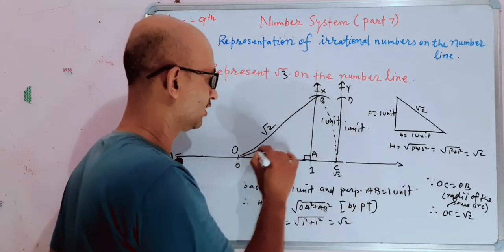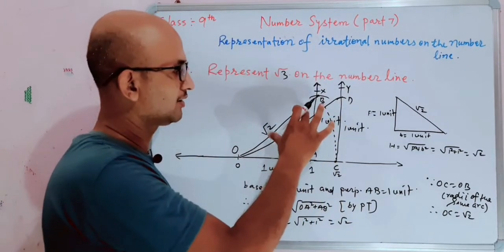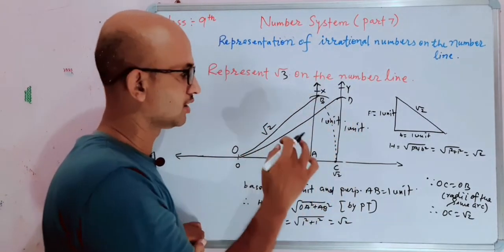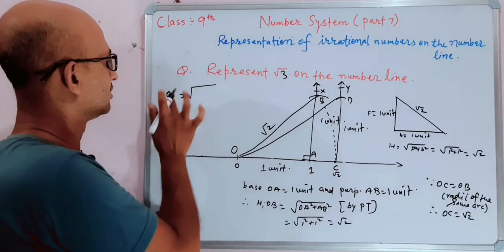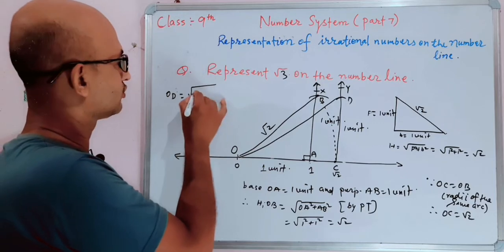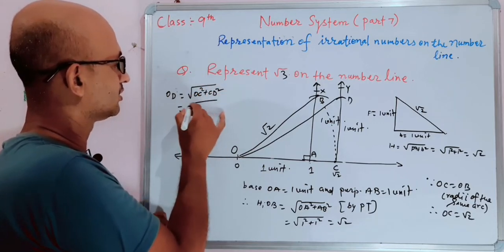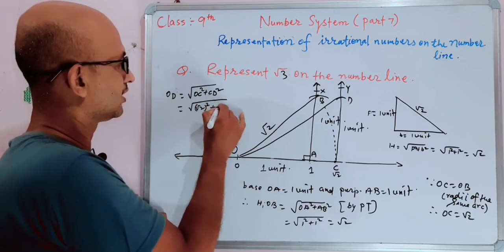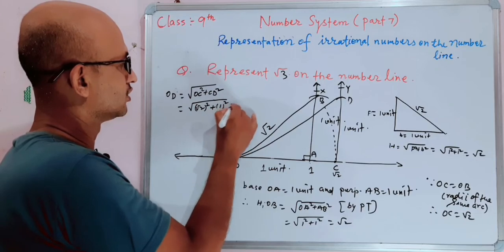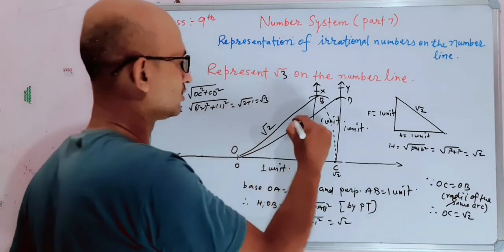Now on joining O to D, we obtain a right angle triangle OCD in which OD is equal to the square root of OC square plus CD square, that is, under root OC is root 2 and CD is 1. So we get OD equals root 3 units.